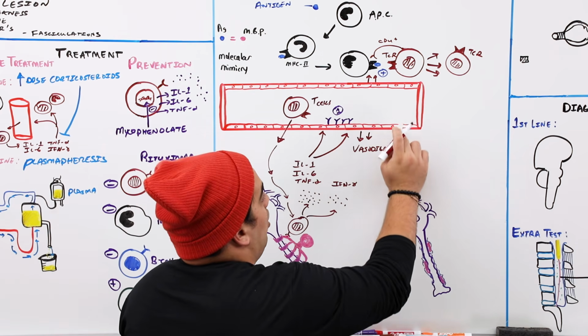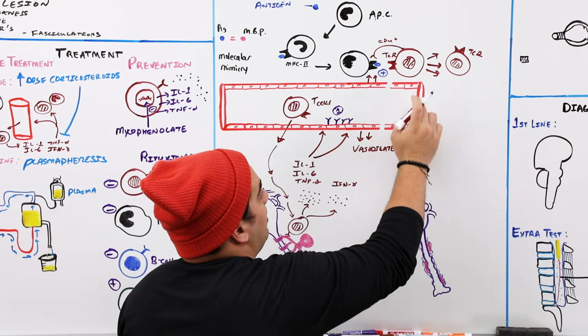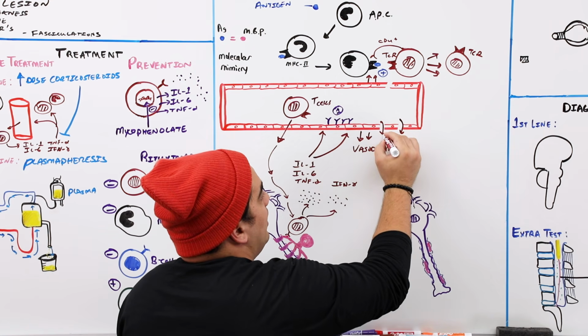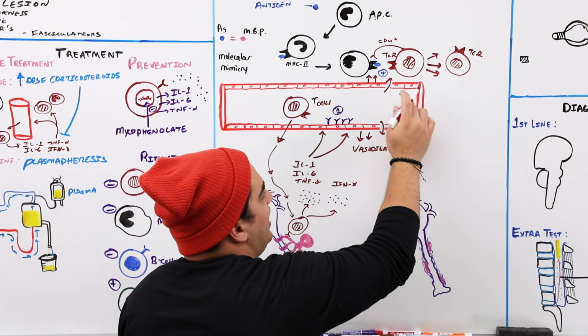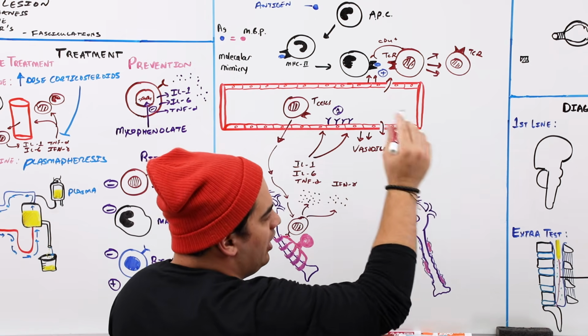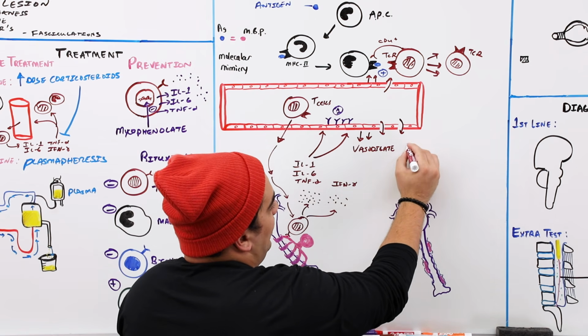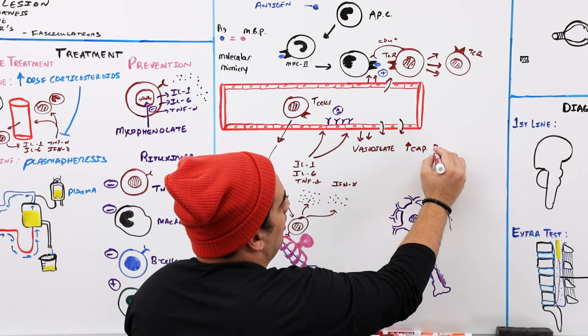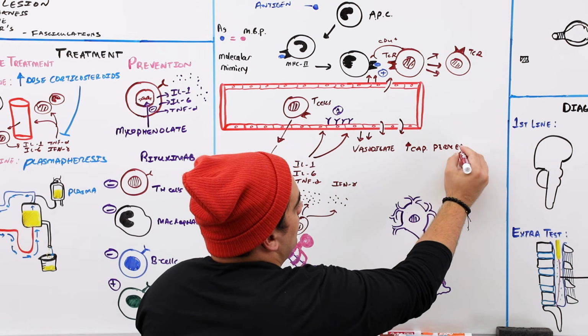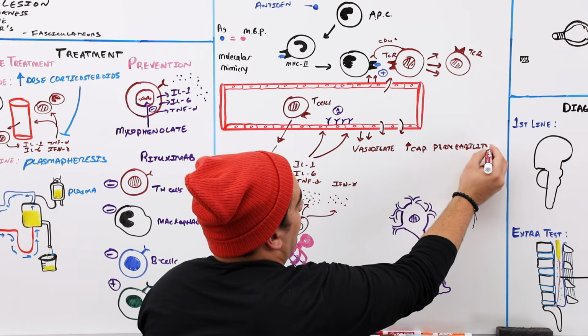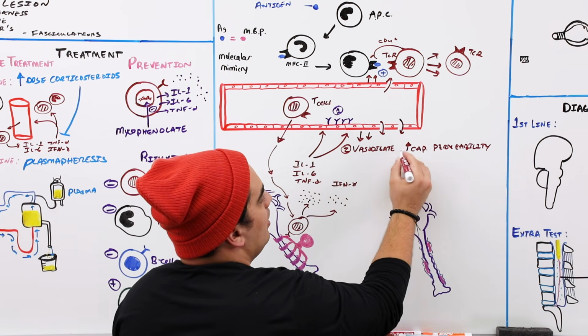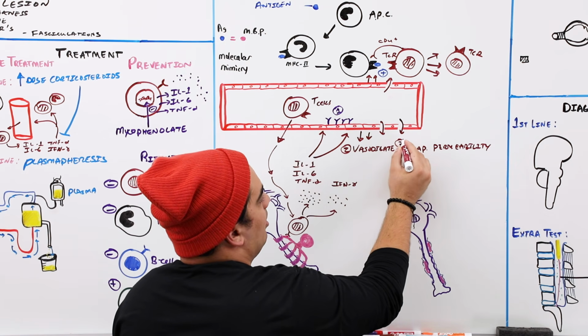Another thing it does is cause these vessels to become a little more leaky, so more things can leak out of the vessels, like proteins, different types of antibodies, and immune system cells. This is increasing capillary permeability. So far we have three factors occurring: first the cell adhesion molecules, second vasodilation, and third increased capillary permeability.